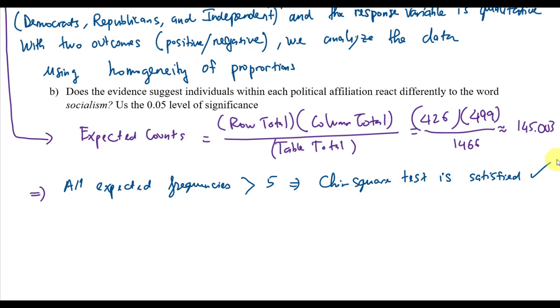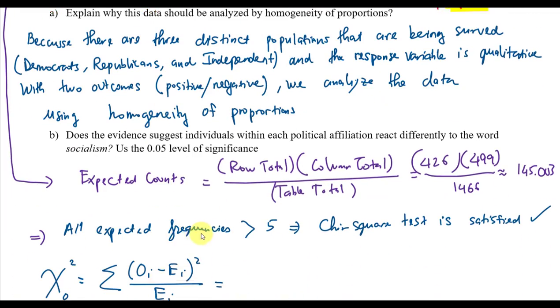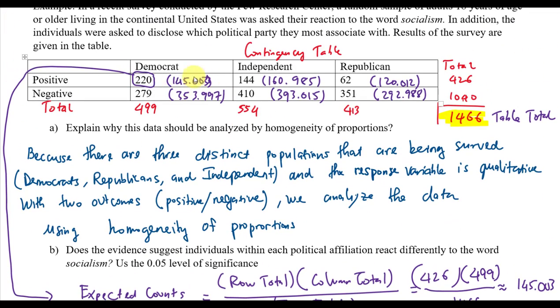Okay, so the next thing is I need to find the test statistic. So chi-square is the summation of the observed value minus the expected value, squared, divided by the expected value. So I look at each cell. Let's do the first one. The black numbers are the data, the observed values.